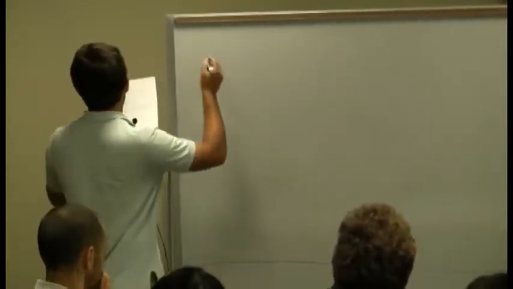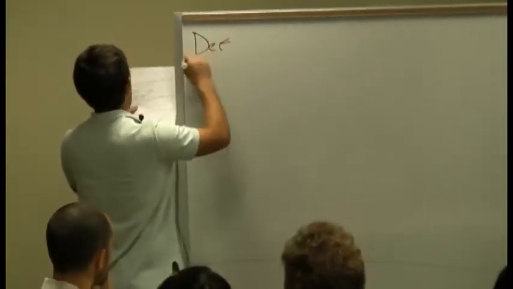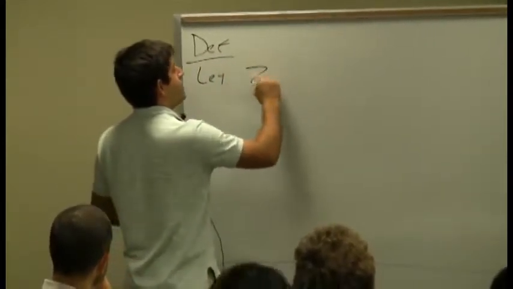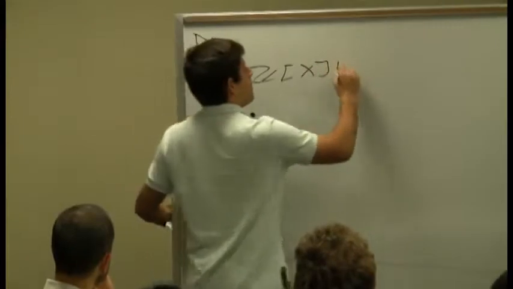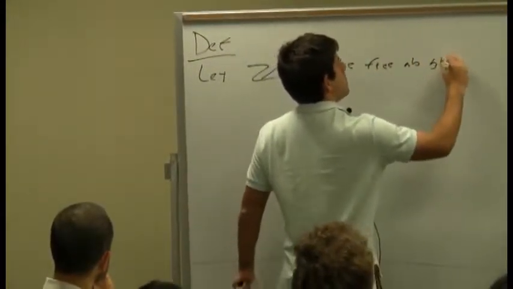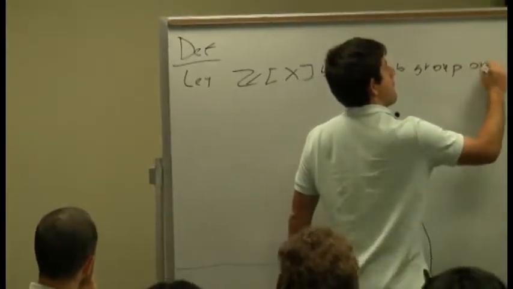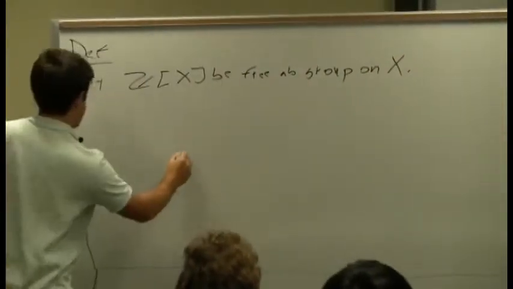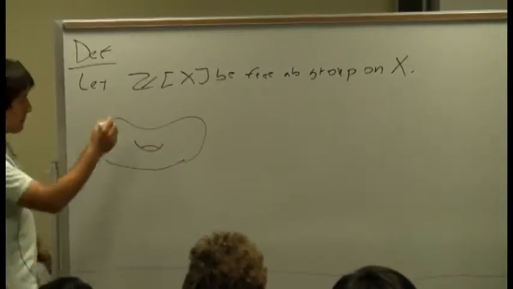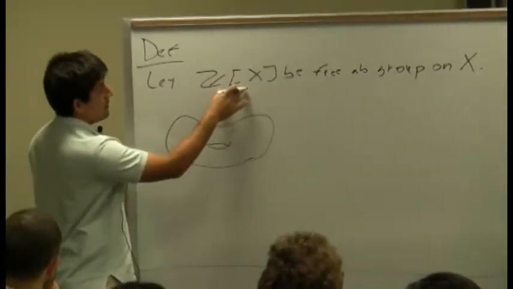Okay, so definition. For a space X, let Z of X be the free abelian group on X. We want to topologize this space.